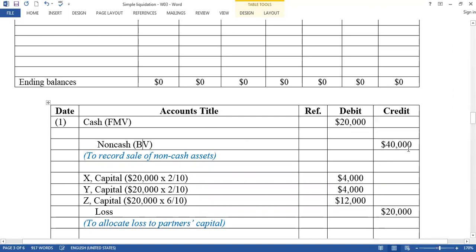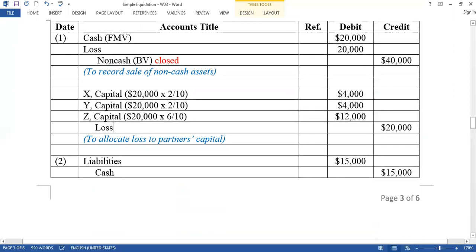So our asset decreased $40,000. We closed it, and we received cash $20,000. So you can easily guess that the remaining is the loss, right? And how much loss? Loss is $20,000. And this loss is going to close.